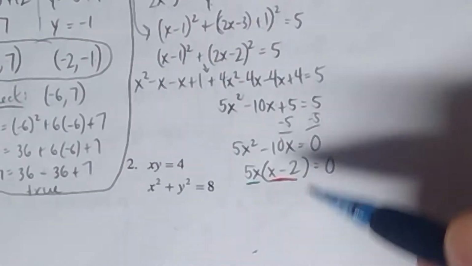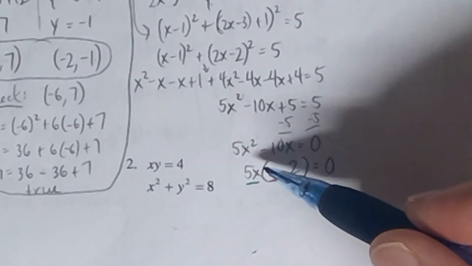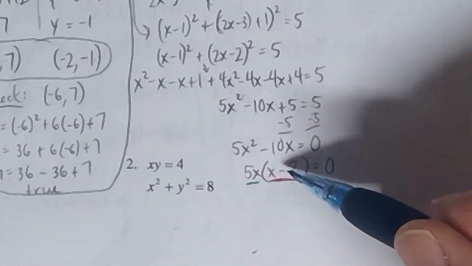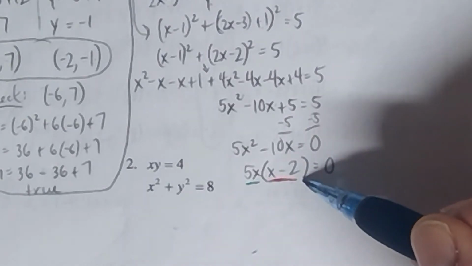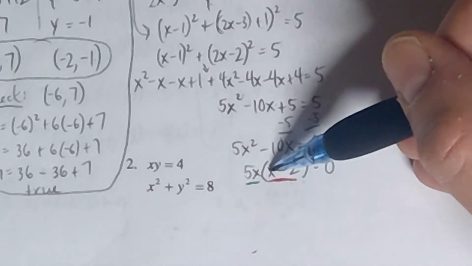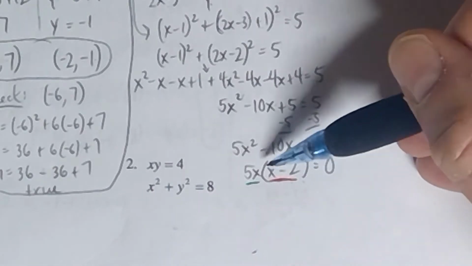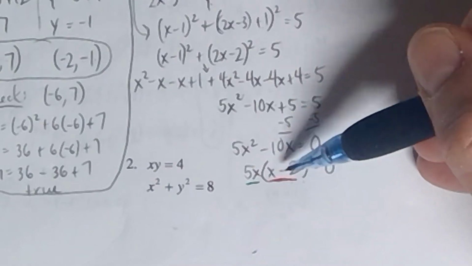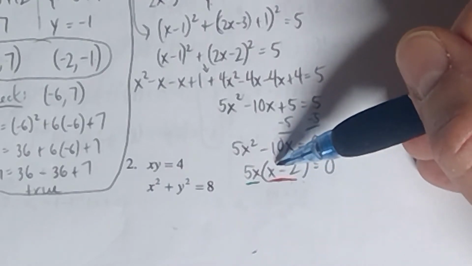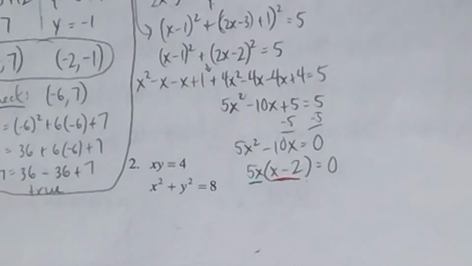And so we've seen that before. If you've just got a single term and then a bracket, and if that bracket's prime, and I know that it is prime, by the way, because if you've got 2 terms in one of your bracket factors, if it's got 2 terms with x to the first power, that's automatically prime.